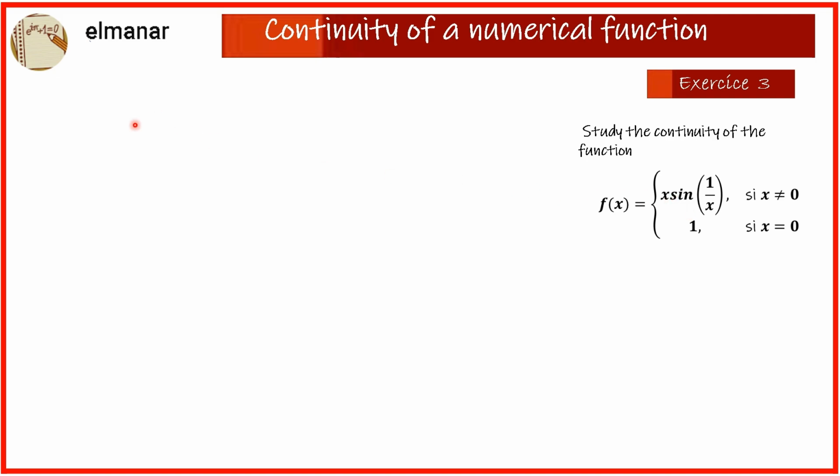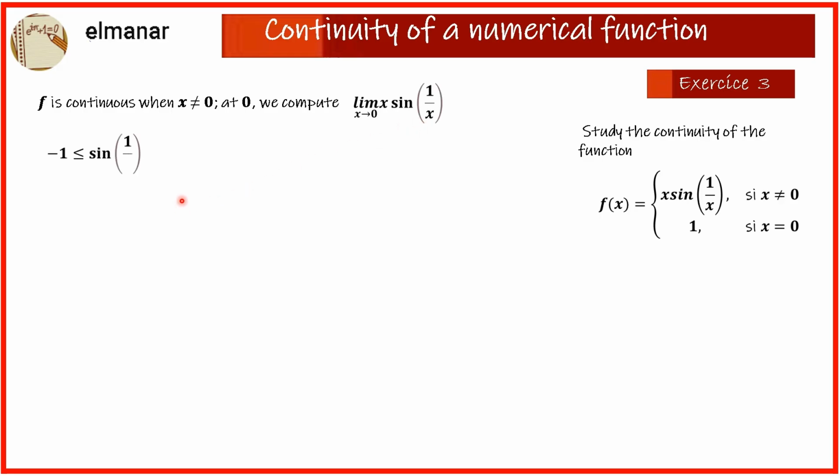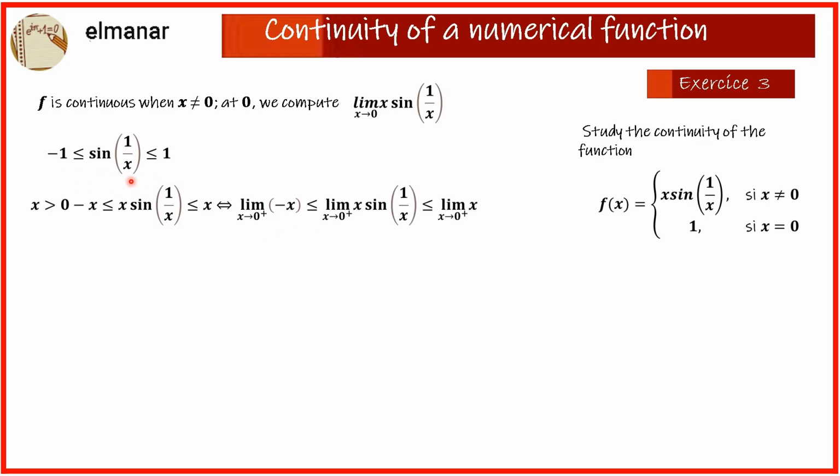Now, what we really want to know is, what happens as x approaches 0? Let's notice something interesting. The sine function always swings between -1 and 1. That's its thing. No matter what happens with 1 over x, the sine of that is still locked between -1 and 1. Here's where the magic happens.